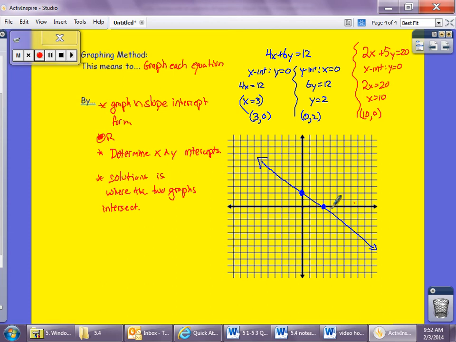And then the y-intercept: we know that x equals 0, so I have 5y equals 20, divided by 5, and y equals 4. So that's the point 0 comma 4.